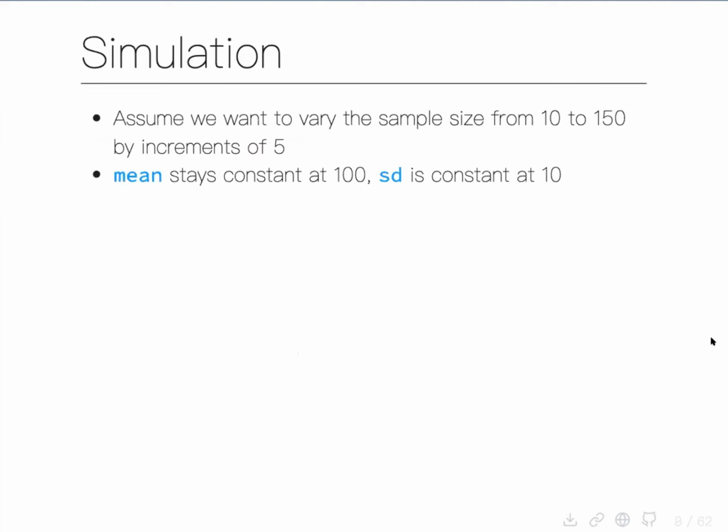Okay. All right, let's say now, this is similar to what we've done in the past, but just using a slightly different method. Let's say we want to vary the sample size from 10 to 150 by increments of 5. So the mean is going to stay constant at 100, not 0, which is the default. And the standard deviation is going to stay constant at 10, also not the default.